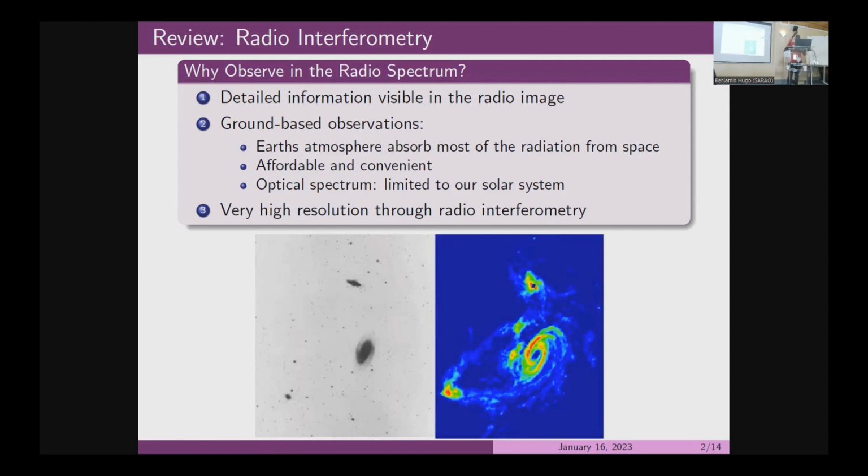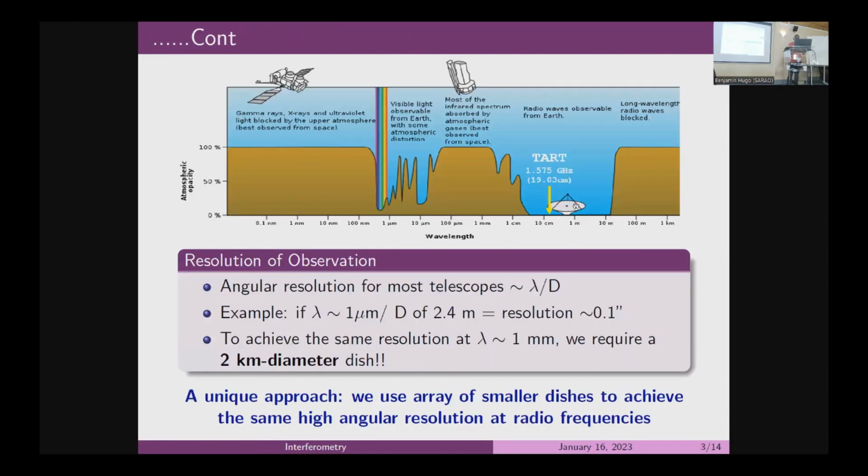Earlier, we used to do astronomy using the optical spectrum, but in modern radio astronomy, we've shifted to use all of the electromagnetic spectrum, where the radio waves fall within the electromagnetic spectrum.